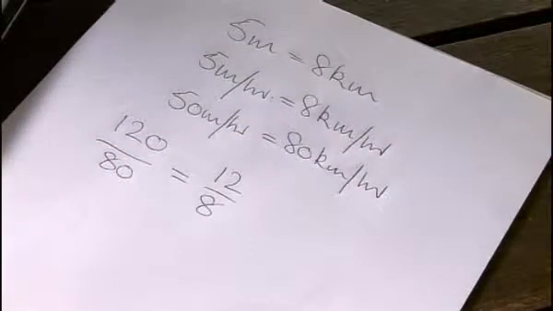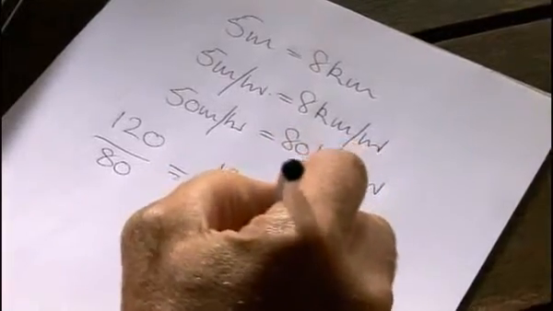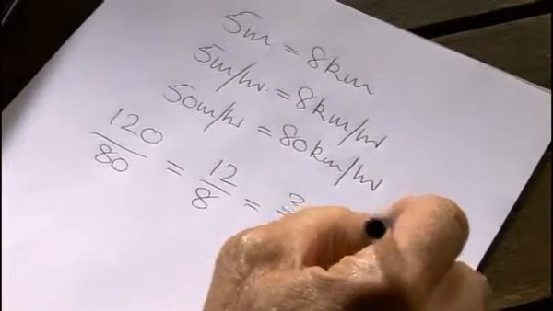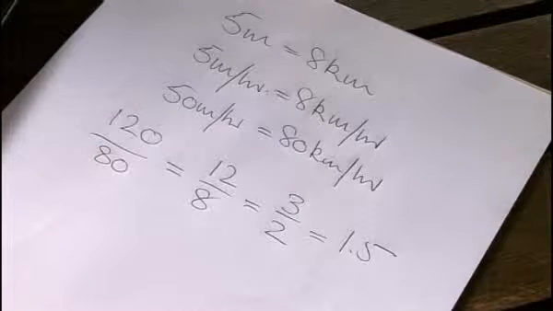That's dividing the top and bottom by 10. And then, looking for a common factor, we have 4 goes into 12 3 times, 4 goes into 8 twice. So we have 3 over 2, and that equals 1.5. So it takes 1.5 hours to get from Brussels to Ostend.